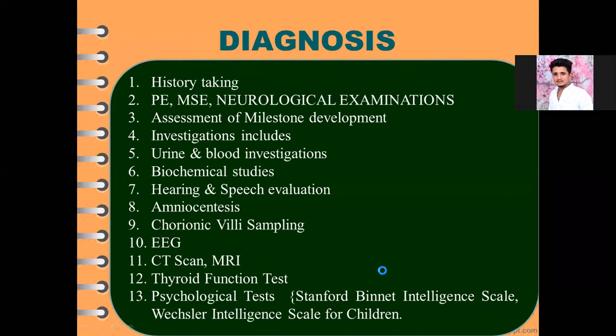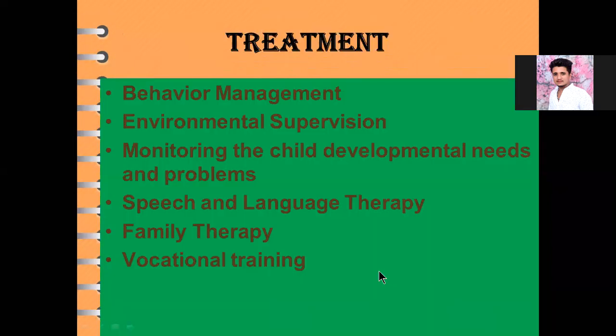Now let's see how to treat mental retardation. Mental retardation, as I already told, is not a disease. It is a condition. Now what? By behavior therapy, we can teach social skills. We can teach the children to learn and perform day-to-day life activities, and environmental supervision.